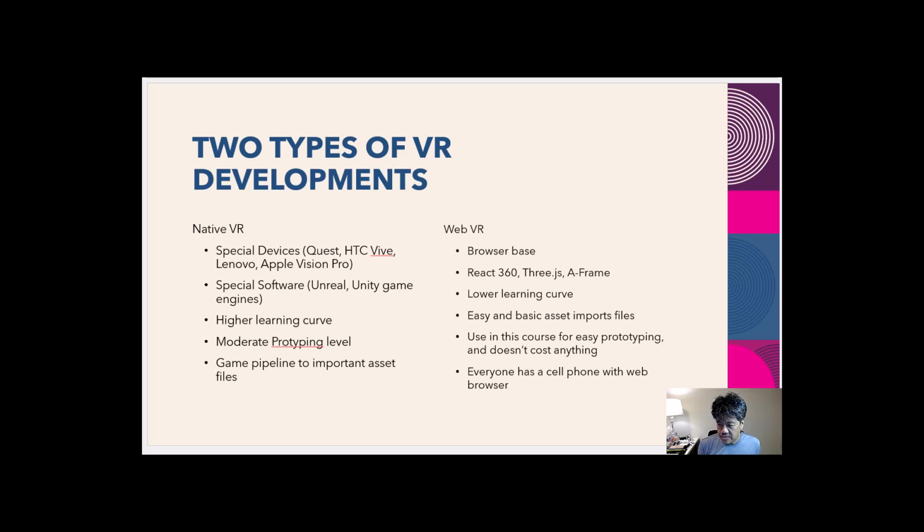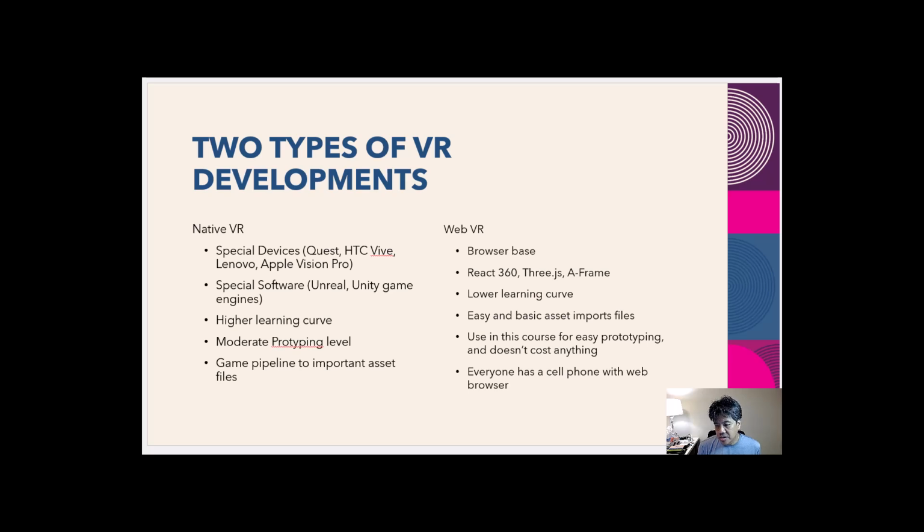You do need some sort of headgear hardware, like a Meta Quest 3 or above. I recommend not a 2, but a Meta Quest 3 or 3S or a Meta Quest Pro, and the price starts at $299. You could do something like an HTC Vive, which is about $1,000.